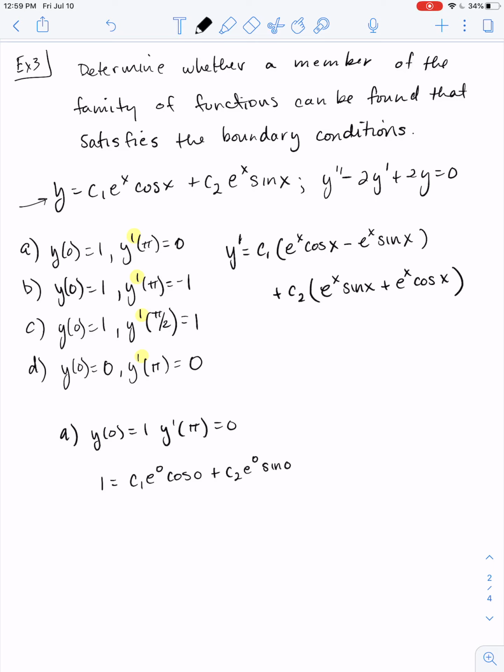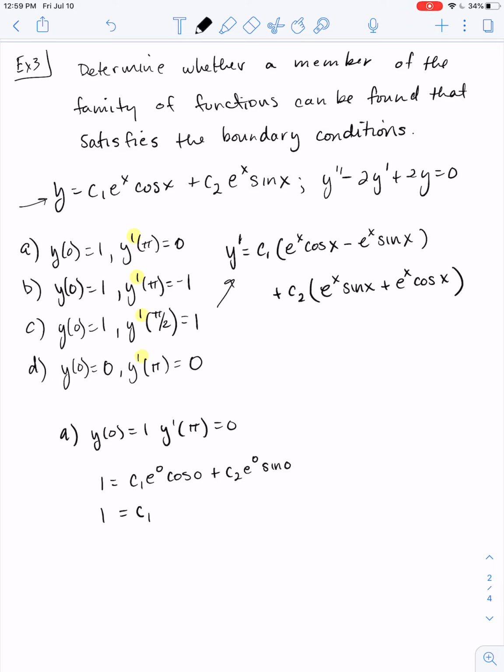Well, sine 0 is 0, cosine 0 is 1, so 1 is going to be equal to C1. And now if we use y prime of pi is equal to 0, what will I have there?